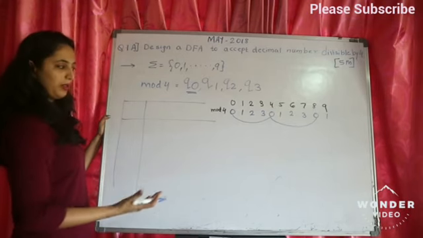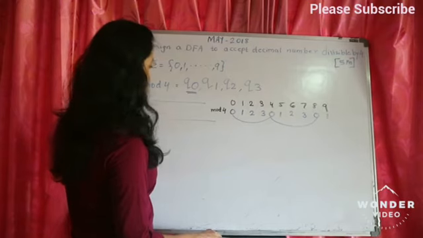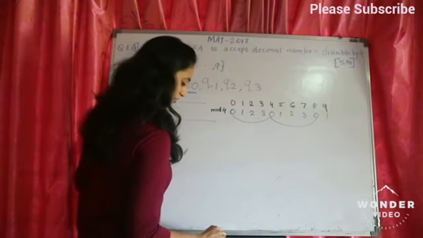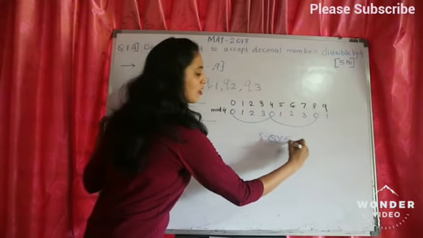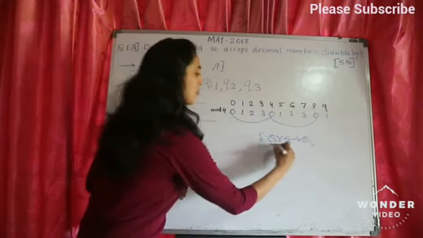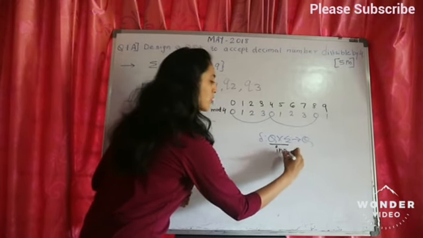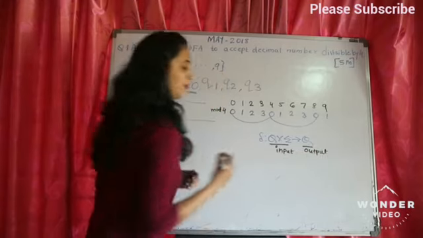When we draw the table, we have to follow the transition function. What is the transition function that we follow for DFA? It is delta: Q cross sigma gives Q, where this Q cross sigma indicates the input side and this Q indicates the output side.